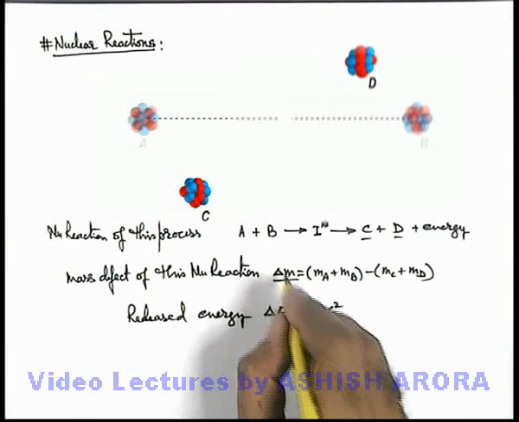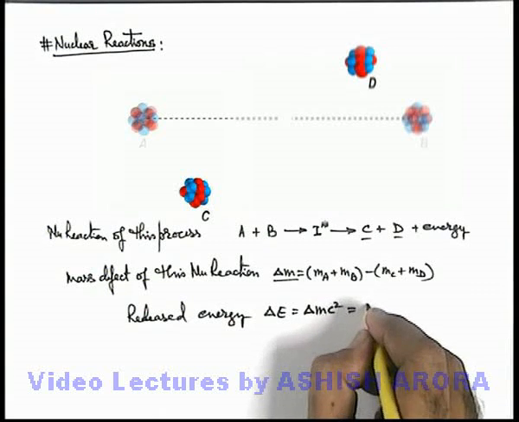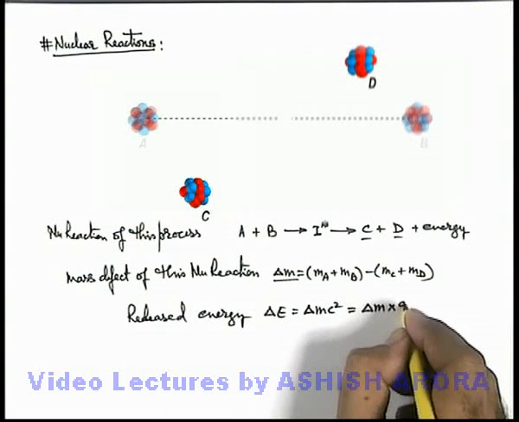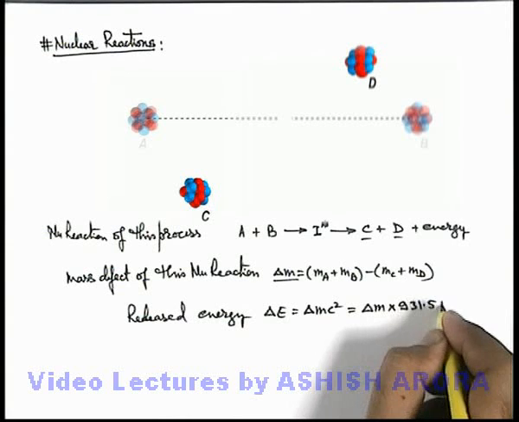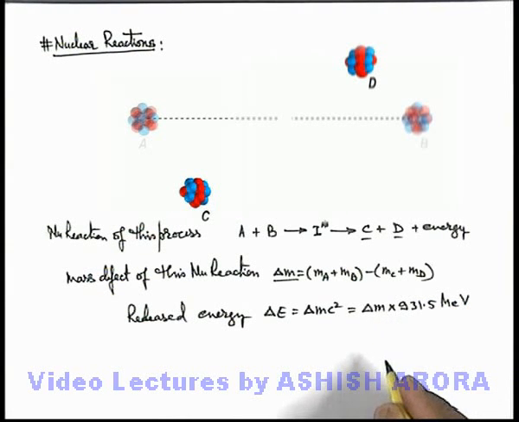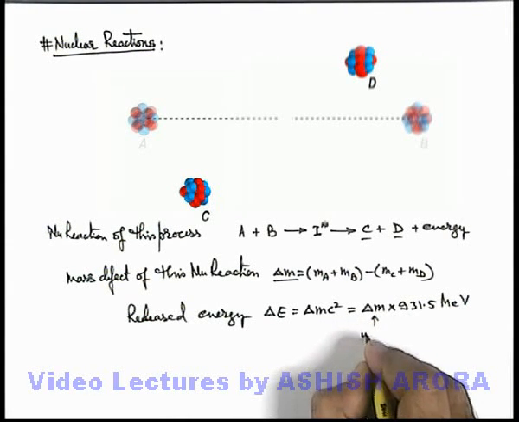And if this mass defect is given in atomic mass unit, then it can be written as delta M multiplied by 931.5 million electron volt.